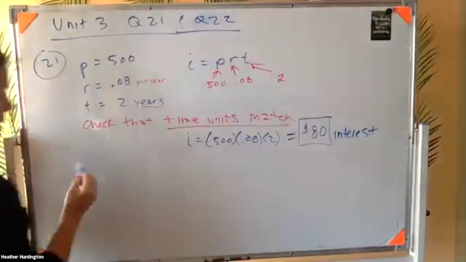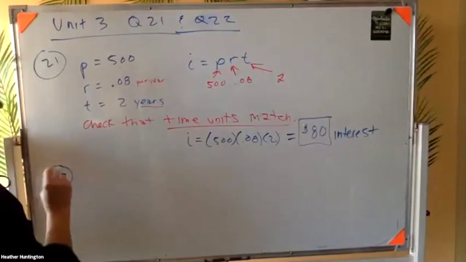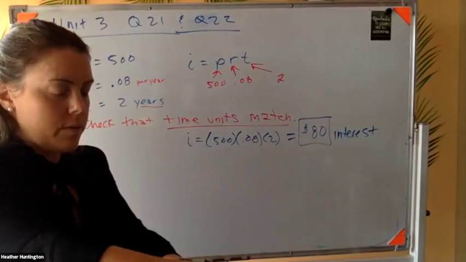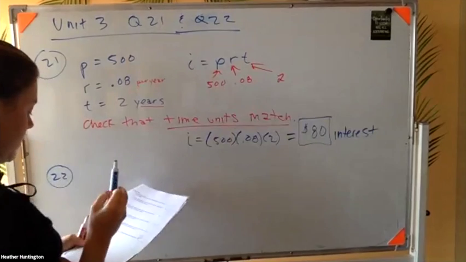Okay, now question 22. It's similar but a little different. We've got a mixed number there.